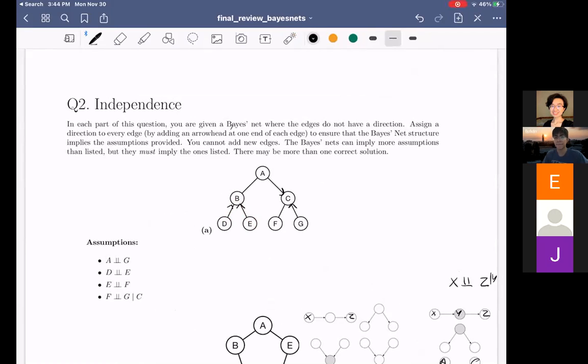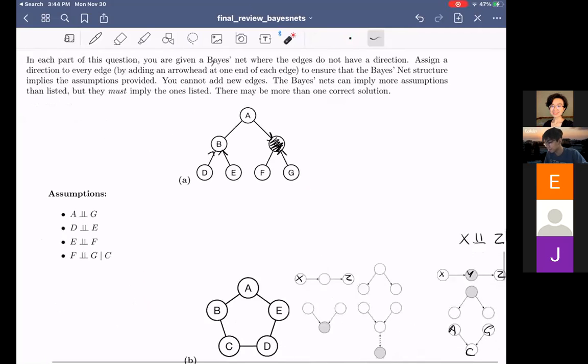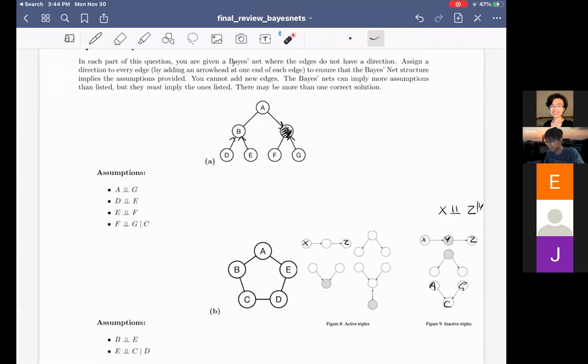E independent of F, we see there's one path between E and F. But there's a bunch of triples on there that we could try to block. So maybe one that will give us a clue is actually doing the next part because it relates variables that are closer together. F independent of G given C. So let's shade in C and say F must be independent of G. Well, now what would happen?